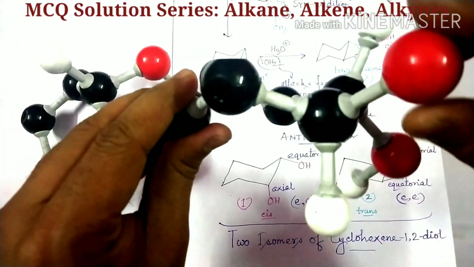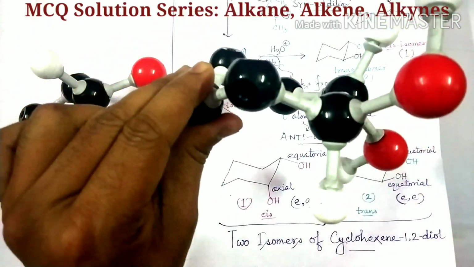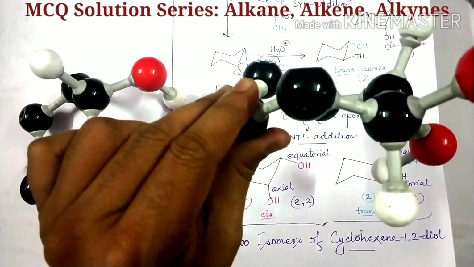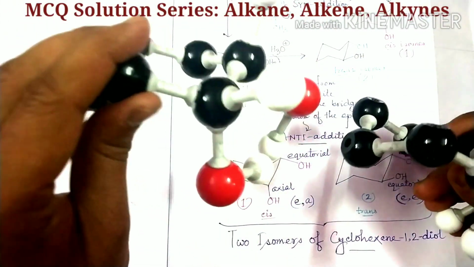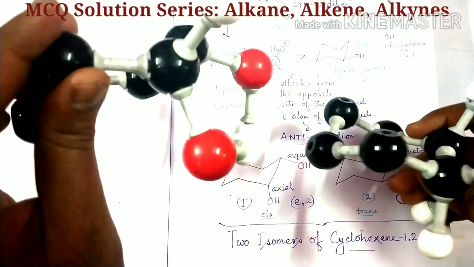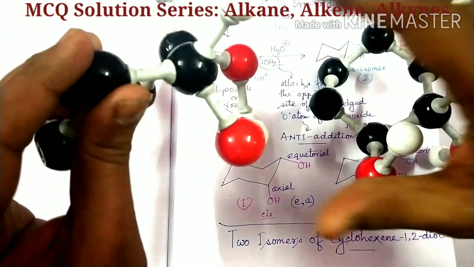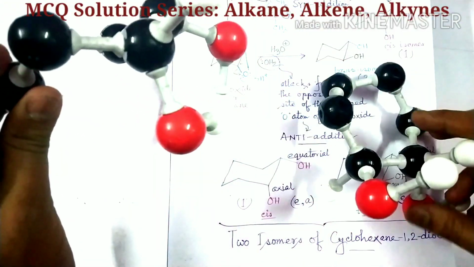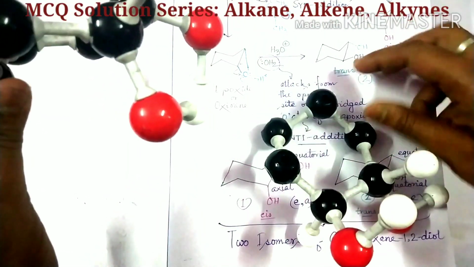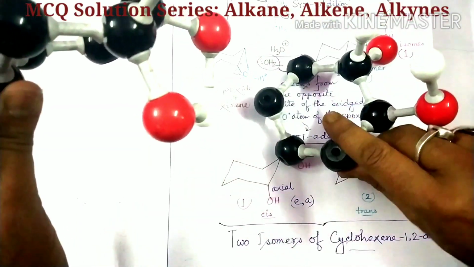So this one is actually equatorial, and this one of course is the axial, axial equatorial isomers. Two OH groups at the same side of the plane. So this is our cis isomer and this is our trans isomer.